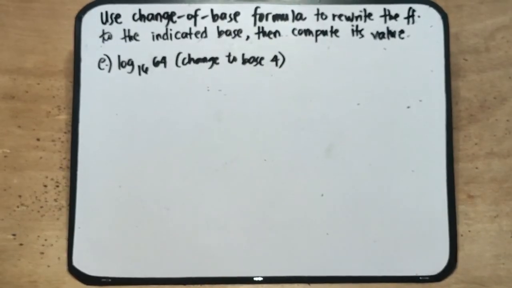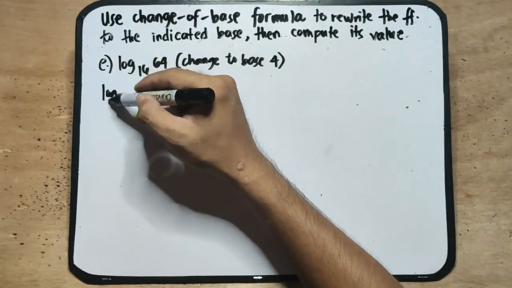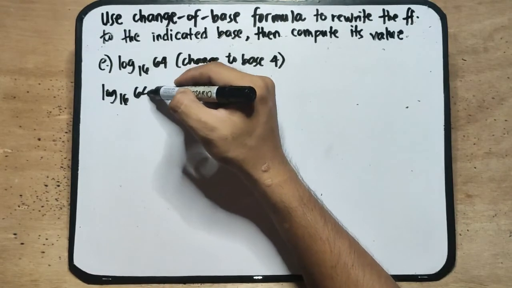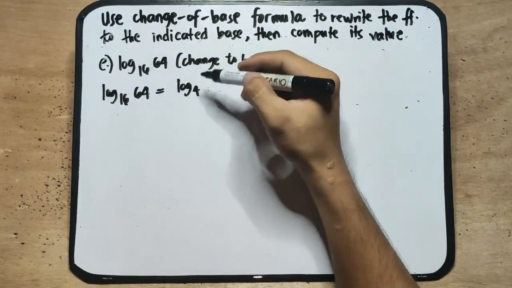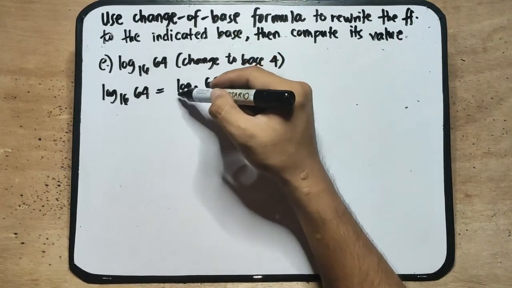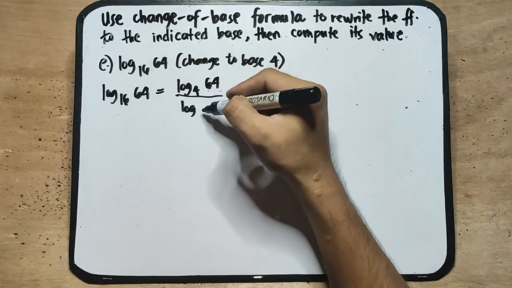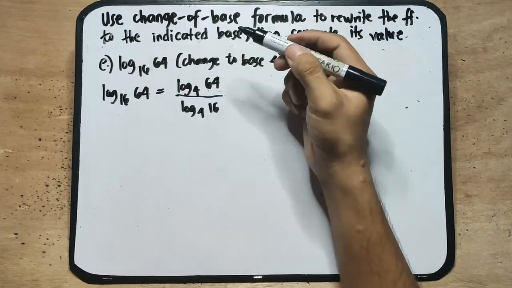For the last item, we have log base 16 of 64. We change to base 4. So this will be log base 16 of 64 is equal to log base 4 of 64 all over log base 4 of 16.